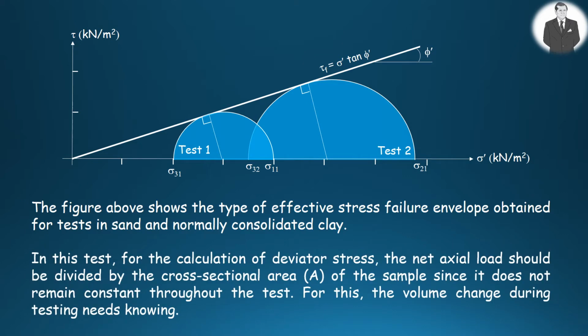In this test, to calculate the deviator stress, the net axial load should be divided by the cross-sectional area of the sample, since it does not remain constant throughout the test. For this reason, the volume change during testing needs to be known.